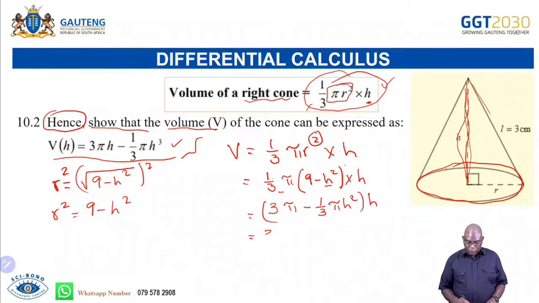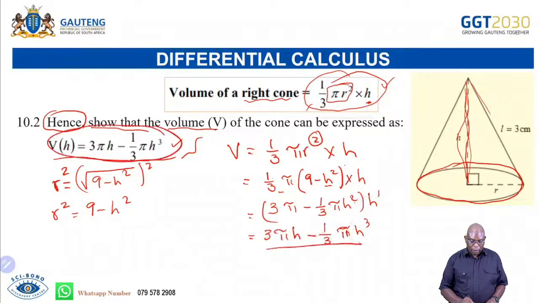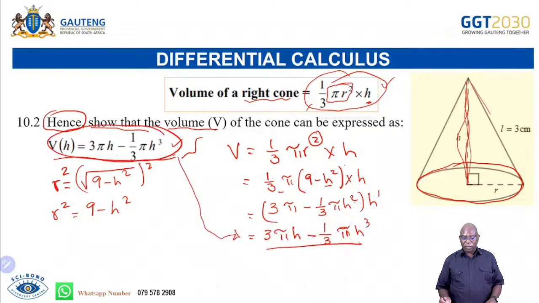So I'll have 3 pi h minus 1/3 pi h squared times h, which will give me h cubed. You see, and this is what they're looking for here. So whatever is given there must be the same as what you get when you calculate it. Quite an easy calculation to do.